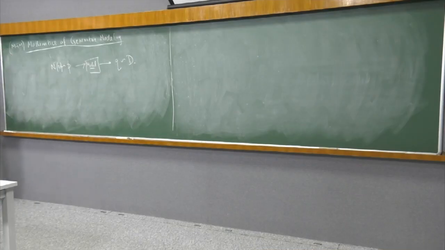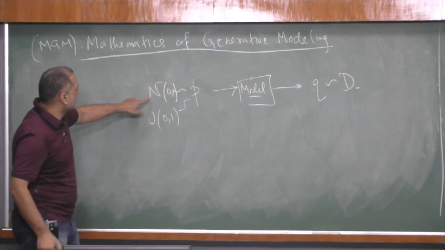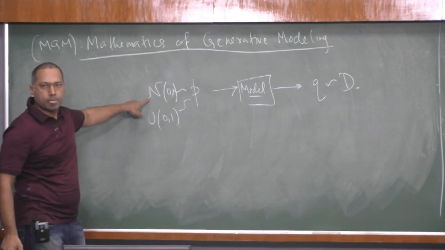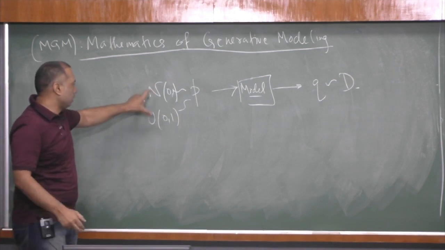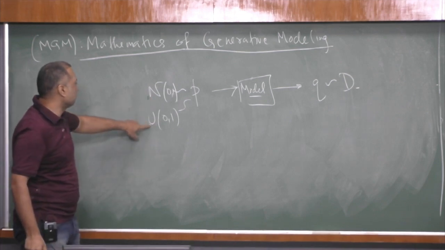And it could be something else also. It's a uniform. Okay, what are these? These are distributions. Okay, probability distributions. We will read about probability as well. This is a probability distribution. This is a probability distribution.